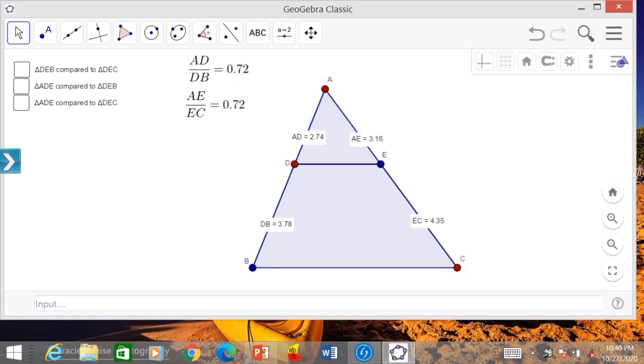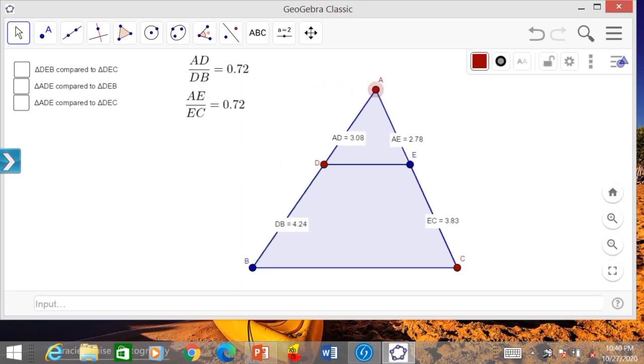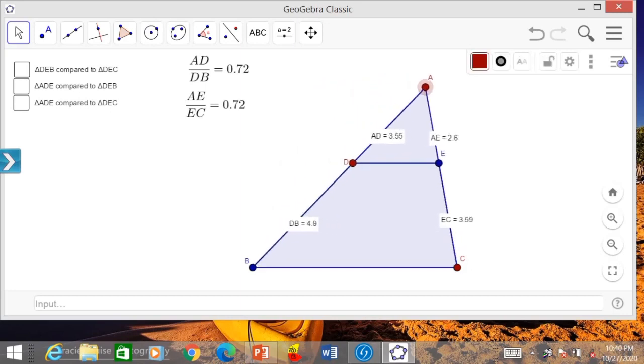Now, we have to verify that in two equiangular triangles, sides are in the same ratio. Now look at the measurement of AD.